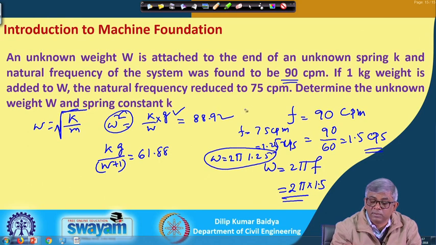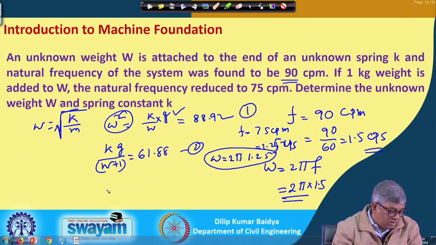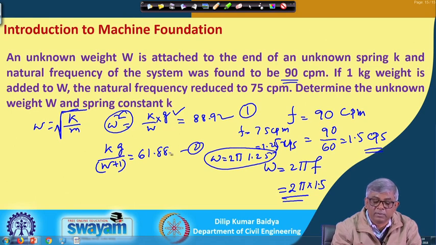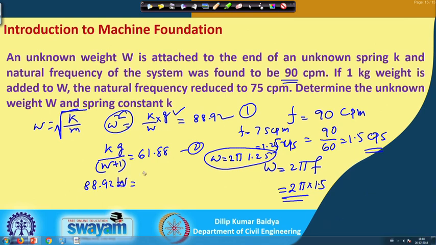This is equation 1 and this is equation 2. Equating equations 1 and 2, I can find k from here and k from here, and equate them. Then I will get 88.92 W equal to 61.88 W plus 61.88.